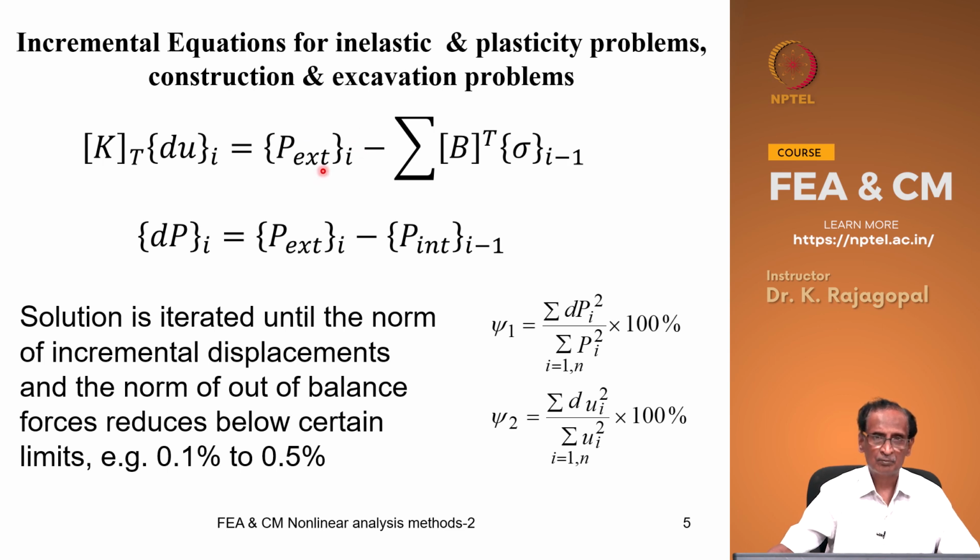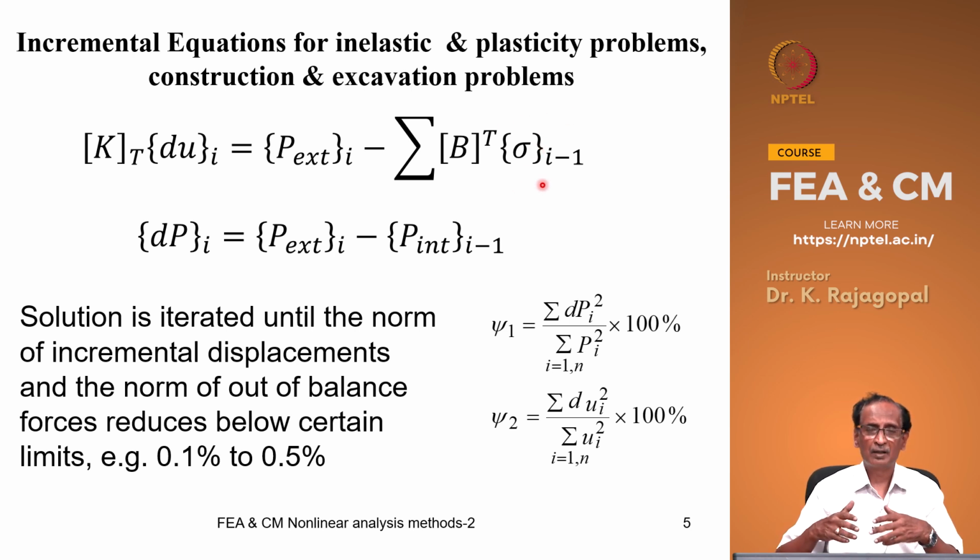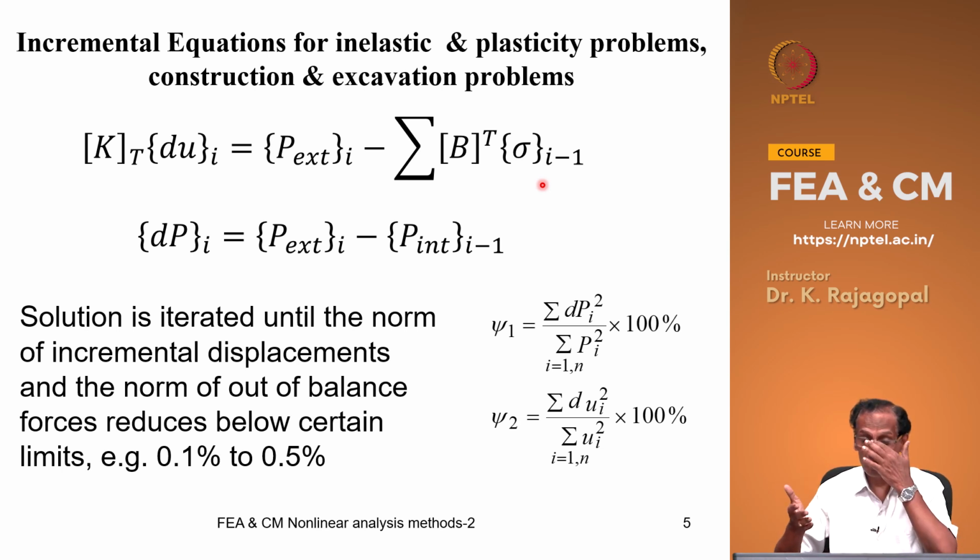Actually this is the current applied force, and B transpose sigma i minus 1 is the reaction force from the previous iteration or previous step, and this sigma could be a corrected stress, because when we have any limit on the stresses that we can apply, then we correct, and then the sigma could be a corrected stress.